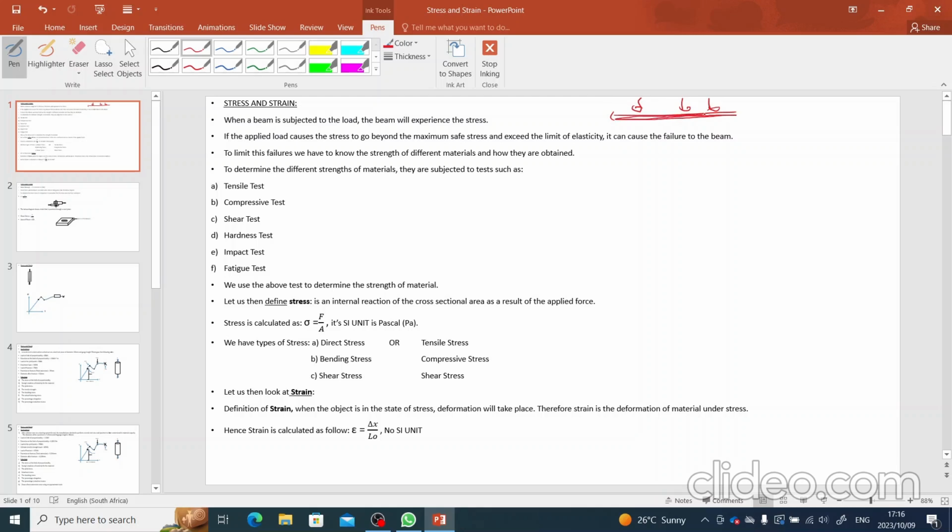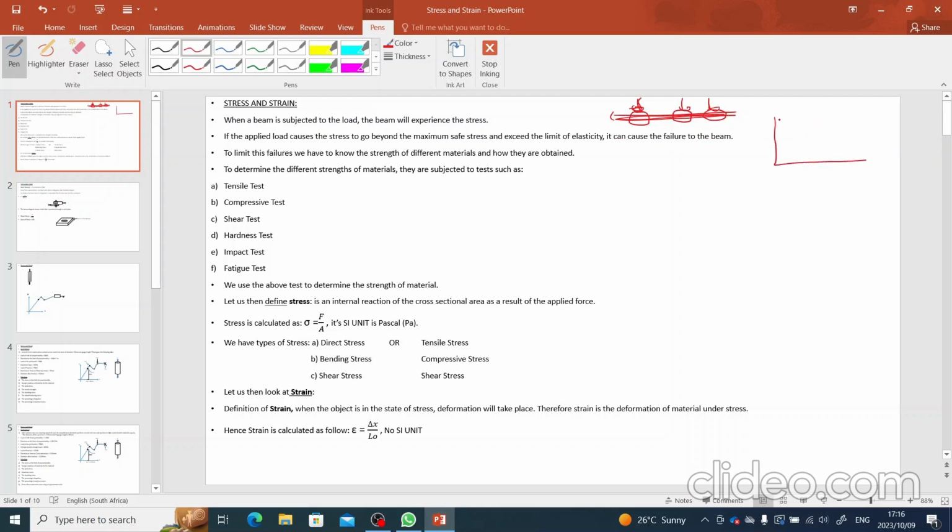This beam will experience the stress as a result of the force. That region where the force has been applied, it will experience the stress. If the applied load causes stress to go beyond the maximum safe stress and exceed the limit of elasticity, it can cause the failure.